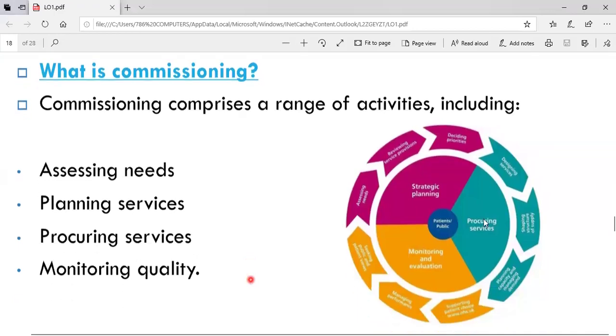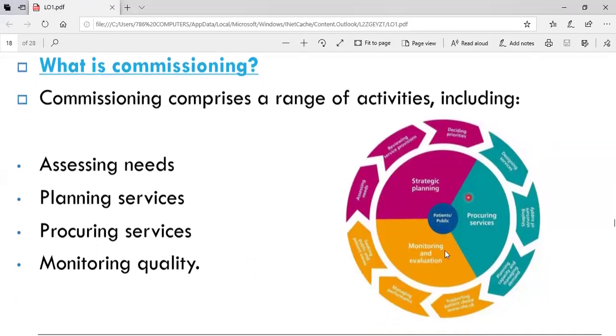So here you have a cycle where you have patient or public involvement. There are different types of planning. There's strategic planning. You're procuring services. How much do you want to procure? What do you want? You want face masks, you want equipment. And then there's monitoring and evaluation that has to be there in every organization.